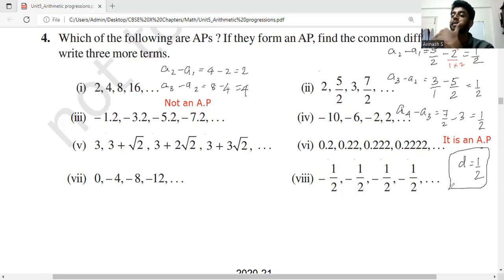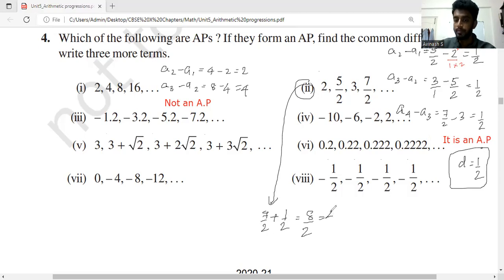We're also supposed to find the next three terms, and you know how to find them. The last term given in the second subdivision is 7 by 2. So you add the common difference to that. You get 8 by 2, which is 4. Then you add 1 by 2 to 4, and when you take LCM, you get 9 by 2. That will be the next term.